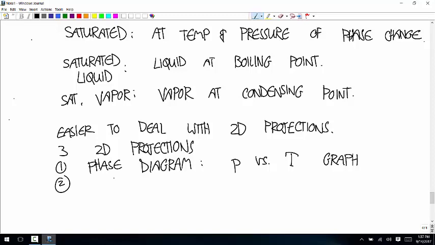The second one is going to be a pressure specific volume diagram. And then the third one that we're going to use the most today and Tuesday is a temperature specific volume diagram.